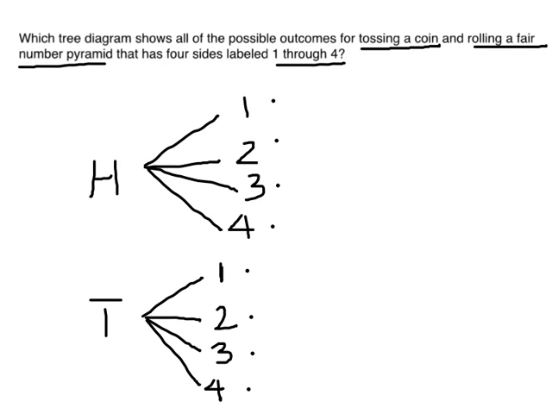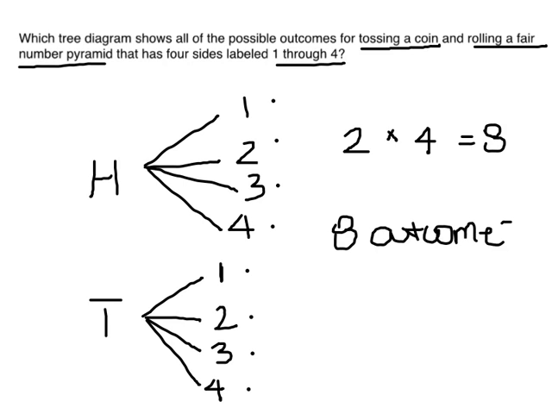You could take the total number of possibilities of the first event, which is 2, heads or tails, and the total possible outcomes of the second event, which the pyramid has 4 sides, so that's 4. 2 times 4 is 8. So there are 8 outcomes.